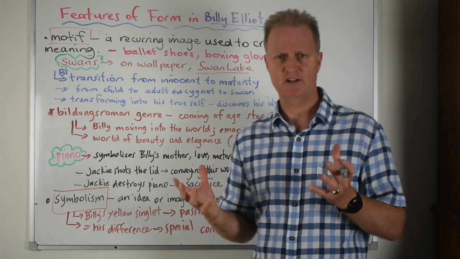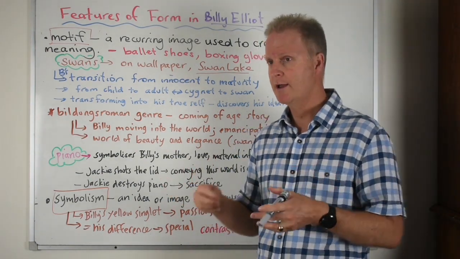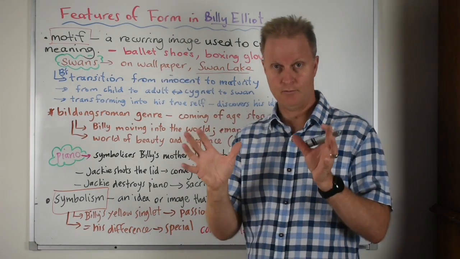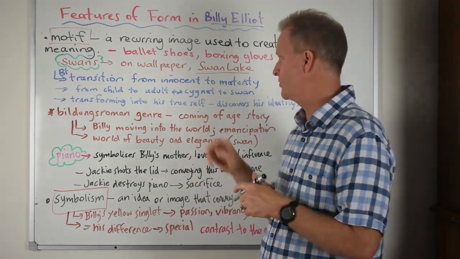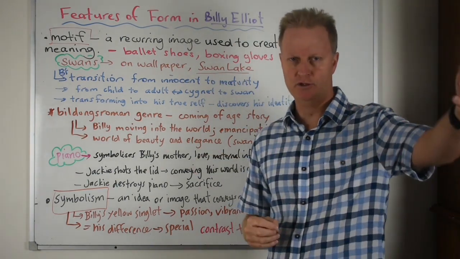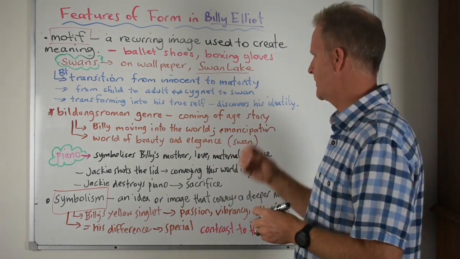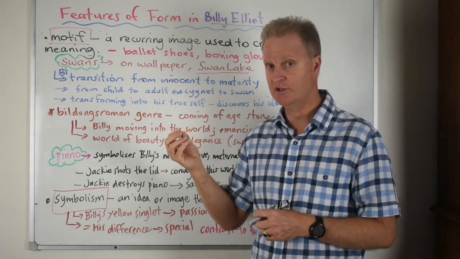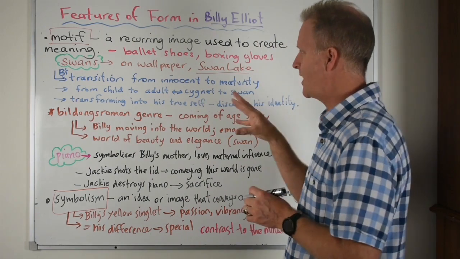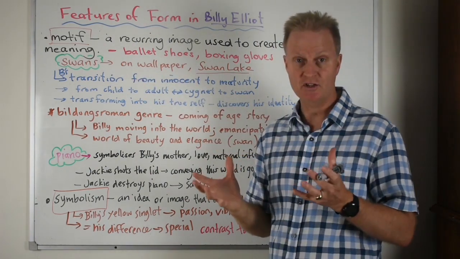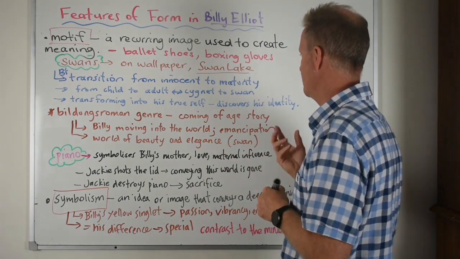But let's talk about the swans. I think that's an interesting one to talk about, because there's a subtle moment where there are swans on the wallpaper, and then of course there's Billy leading towards dancing in Swan Lake, and what these images do is they really trace and confirm Billy's transition from innocence to more maturity.